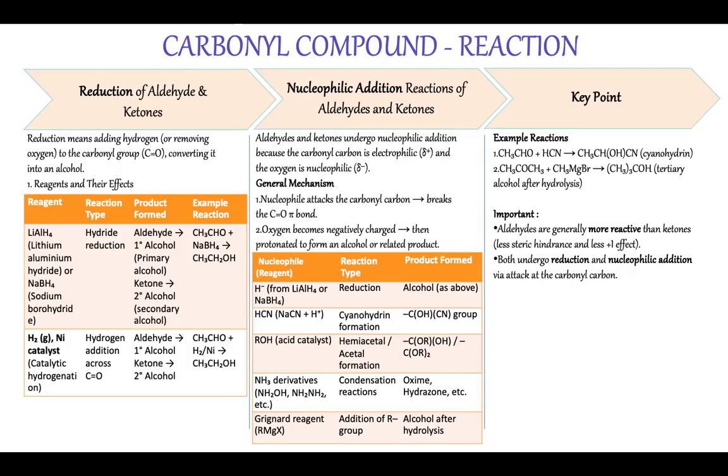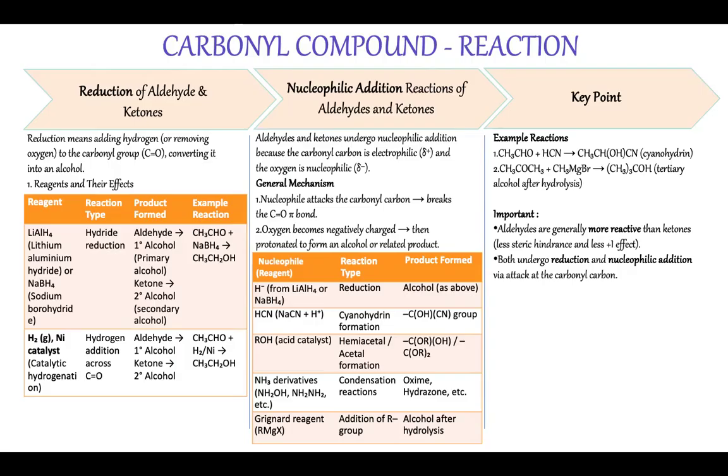Secondly, we have the reagent of catalytic hydrogenation, and the reaction type is hydrogen addition across C=O, and the products formed are aldehyde to primary alcohol, and also ketone to secondary alcohols.